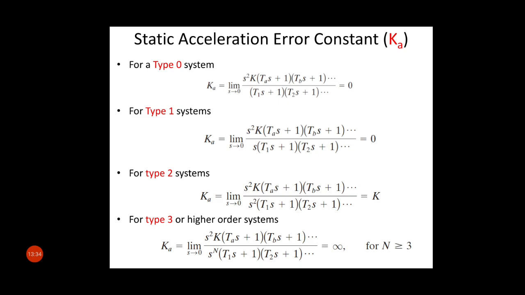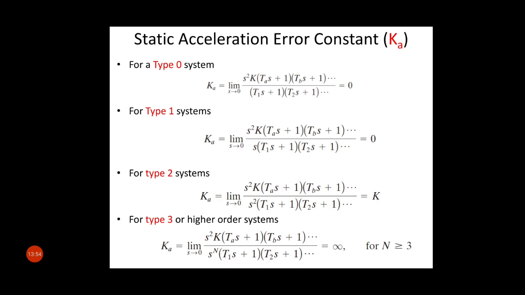So see, what is the static acceleration error constant for type 0, type 1, type 2, type 3 or higher order system? For type 0 system static acceleration error constant is 0. For type 1 system the static acceleration error constant is also 0.